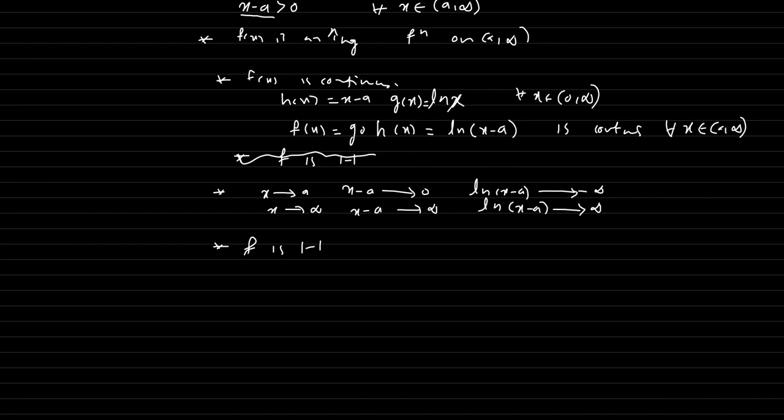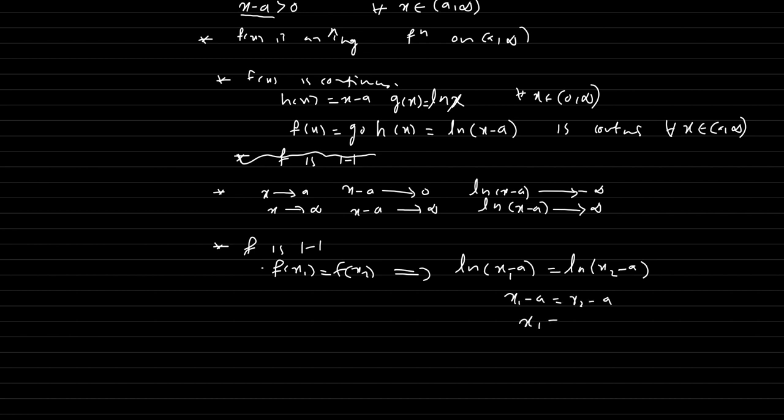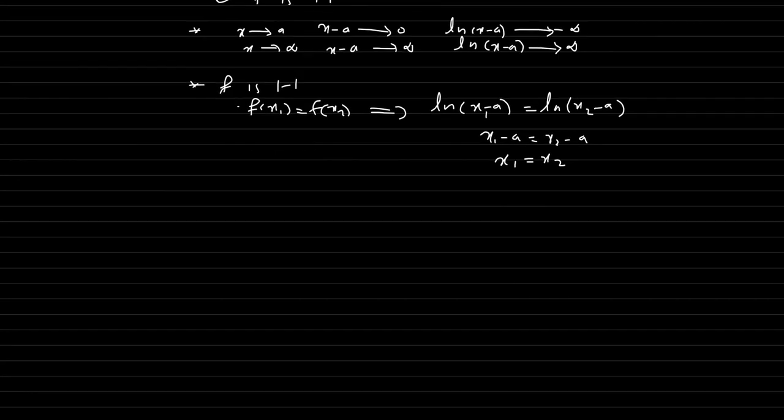For that, if there exist points x1, x2 such that f of x1 equal to f of x2, then this implies natural logarithm of x1 minus a equal to natural logarithm of x2 minus a. By taking exponential on both sides, we will get x1 minus a is equal to x2 minus a, which implies what? x1 equal to x2. So, the function f is one-one.